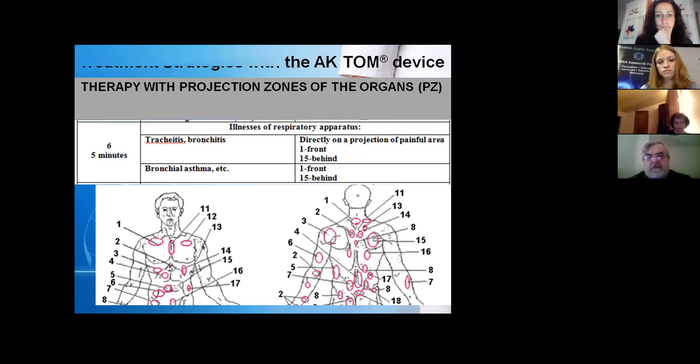Acting to these zones, you are acting to zones connected with the respiratory system, and you are activating the processes in the respiratory system, and so you can have an effect that the resistance against viruses or bacteria is increased based on this kind of therapy.